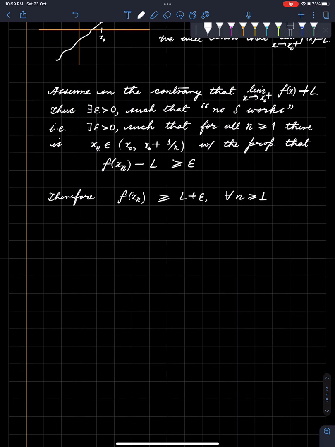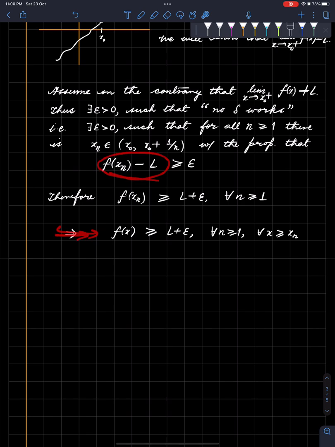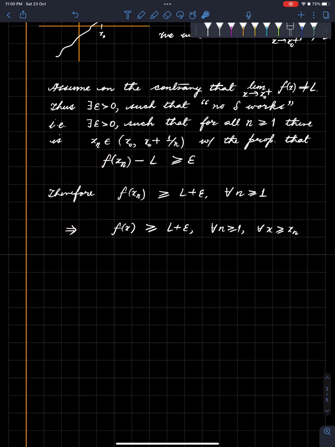Now, since f is an increasing function, this implies that f(x) is greater than or equal to L plus epsilon for all n greater than or equal to 1 and for all x greater than or equal to xn. So here is where we are using the fact that f is increasing one more time. We used it here, but we use it one more time. But here is the final thing.